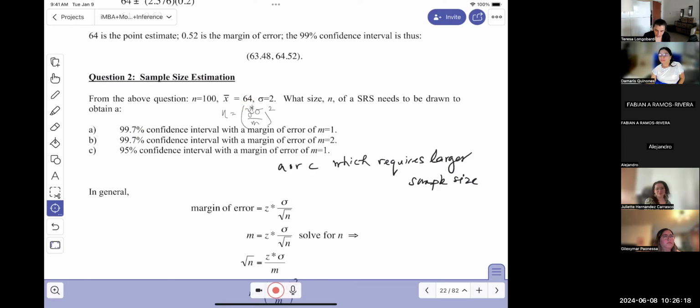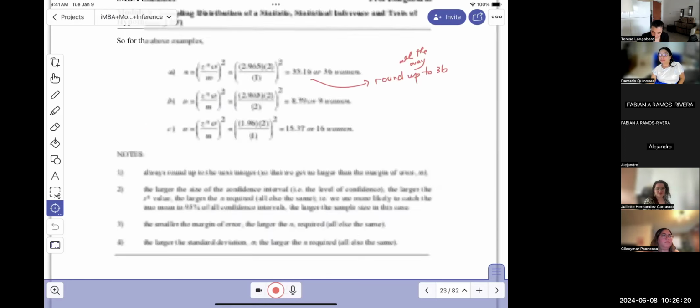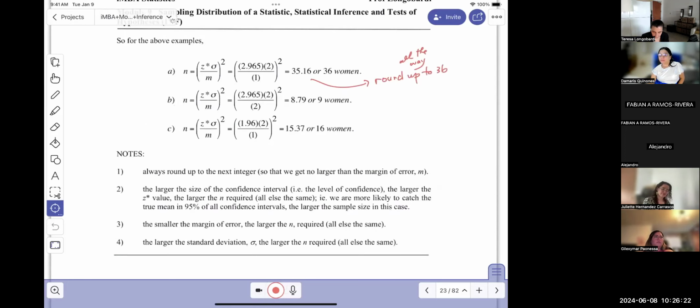So Z star, let's look. Right? So here are the results. A has a larger sample size than C. You guys get it?